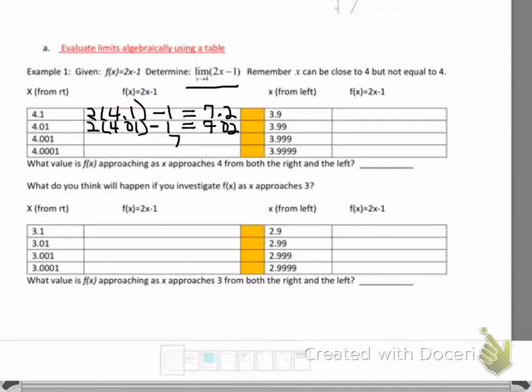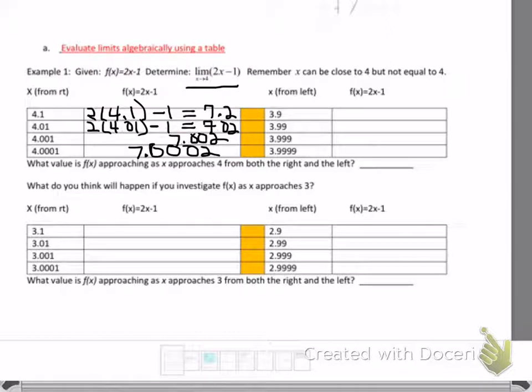This is 7.002 if I use 4.001, and this last one will be 7.0002. So you can see that I'm trying to converge on 7 when I approach from the right-hand side.